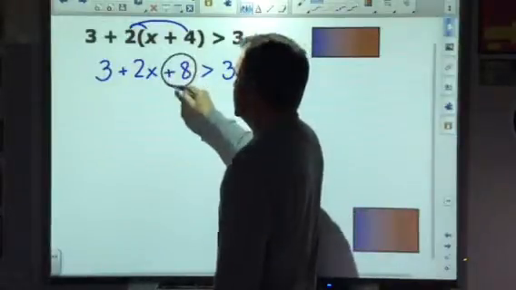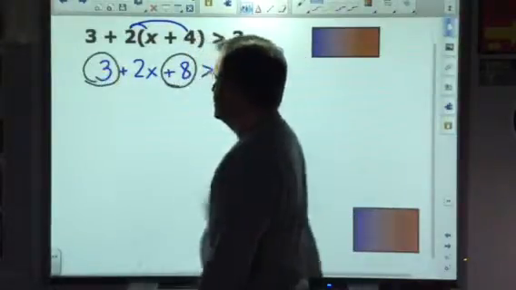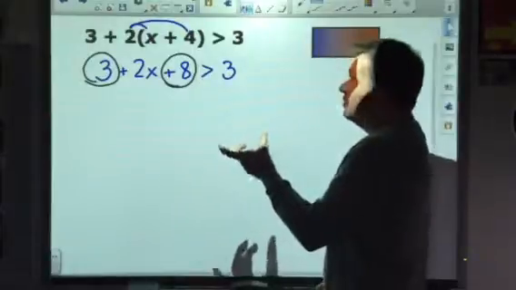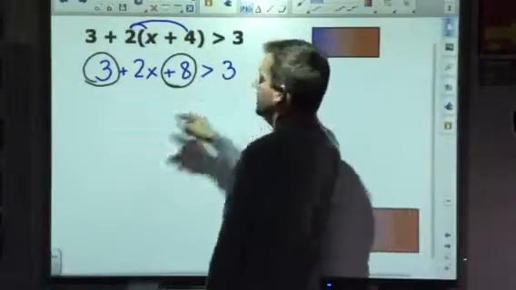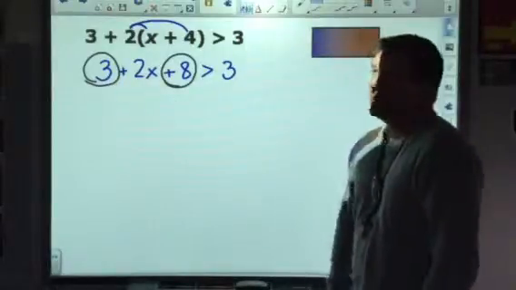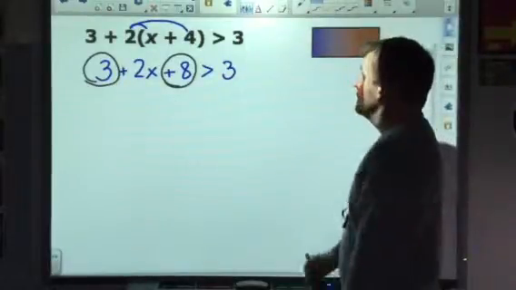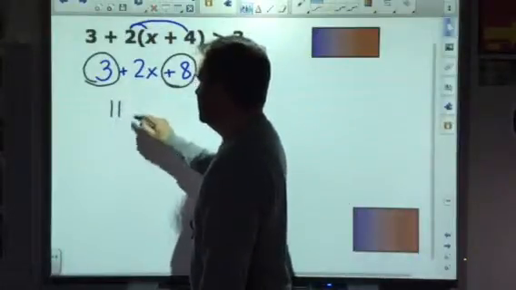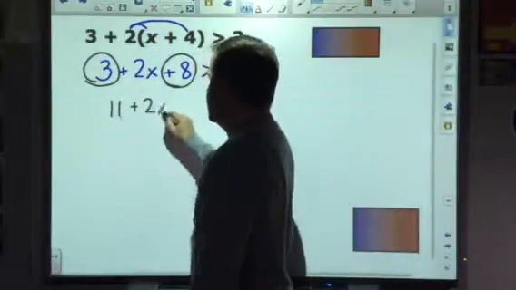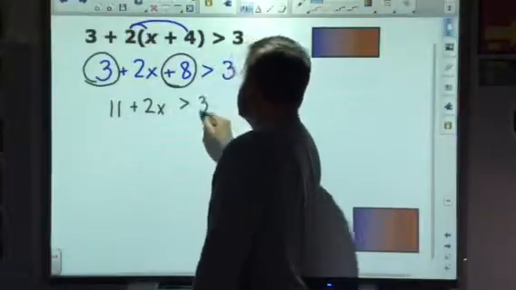I have a plus 8 and then a plus 3. I can simplify those two first before I solve it, or you can choose to bring them both over at separate times. Either way, it's going to work out. I'm going to choose to combine these first. So I would get 11 plus 2x is greater than 3.